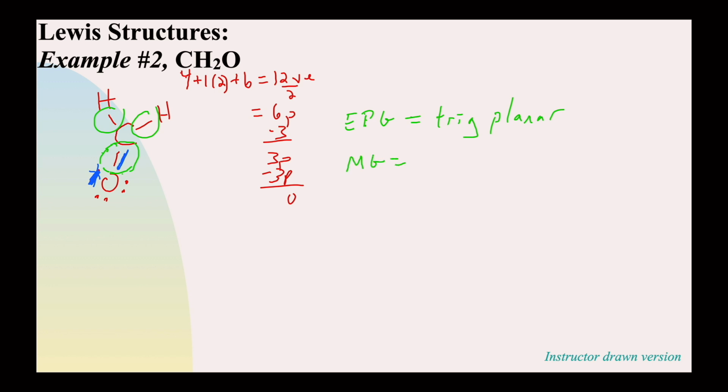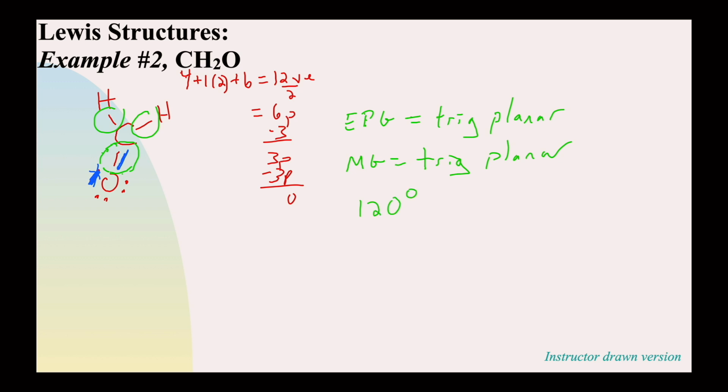Molecular geometry is also going to be trigonal planar because, again, there are no lone pair electrons around carbon, and if that's the case, no lone pairs around the central atom, EPG and MG are going to be the same. Around the trigonal planar electron pair geometry, the bond angles are about 120 degrees.